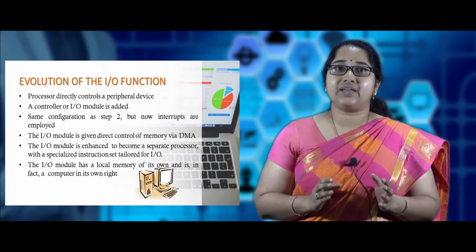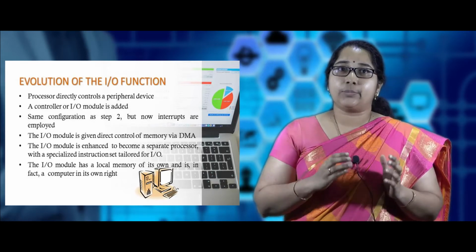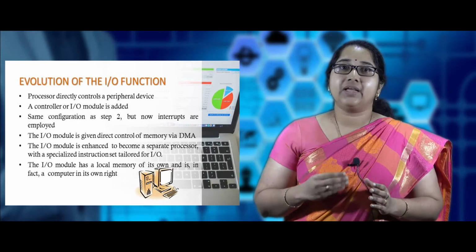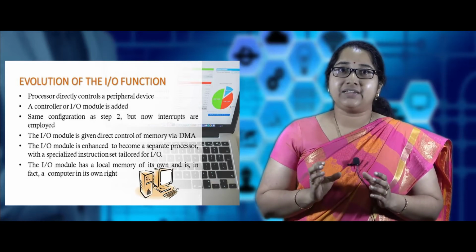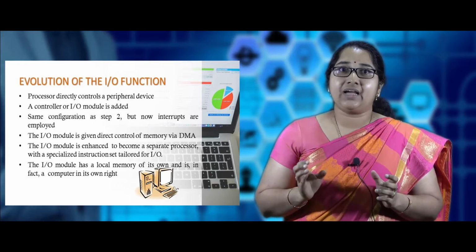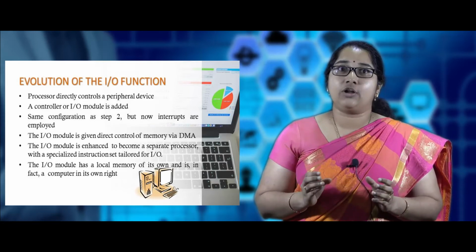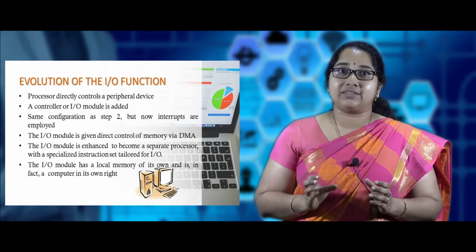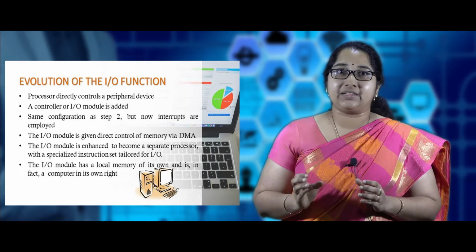Now let us discuss the various evolution stages of the I/O functions. In the earlier stages, the processor could access the I/O devices or peripheral devices directly. In the further stages, an I/O module or controller acted as an interface between the processor and the I/O devices. In further stages, I/O modules were added along with interrupts, and later the I/O modules were able to access the main memory directly using DMA or direct memory access.